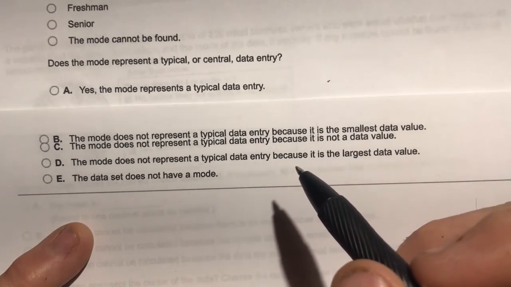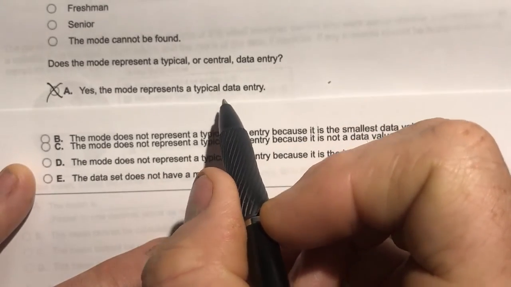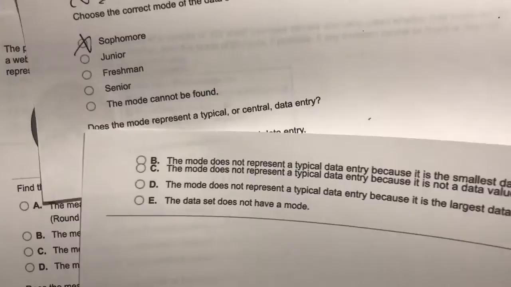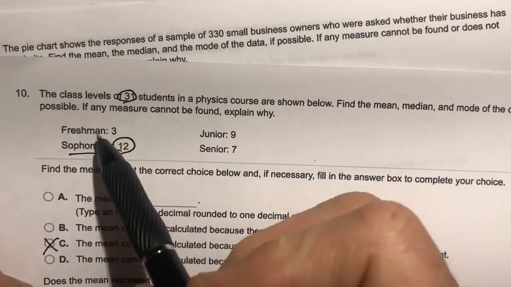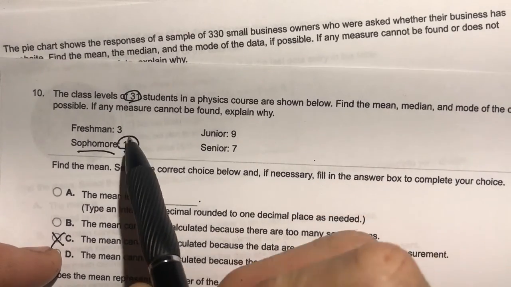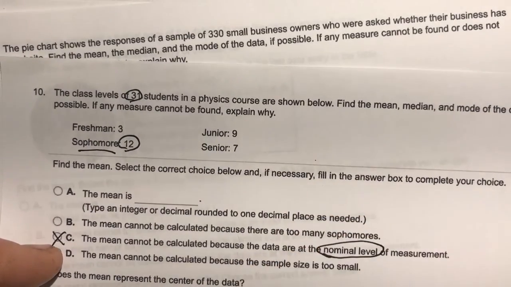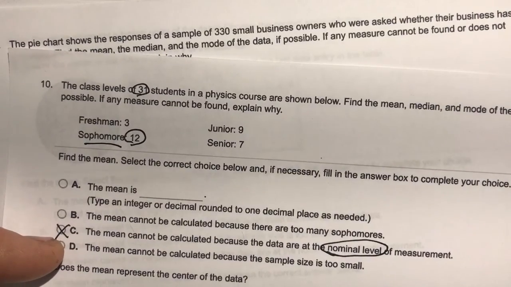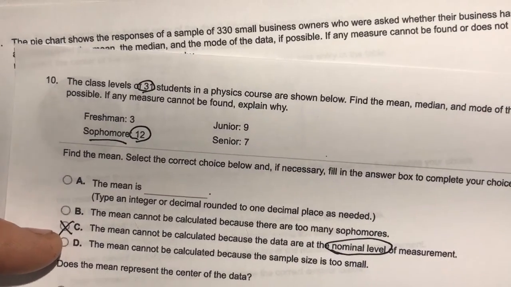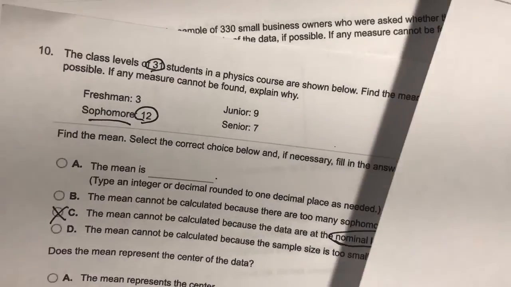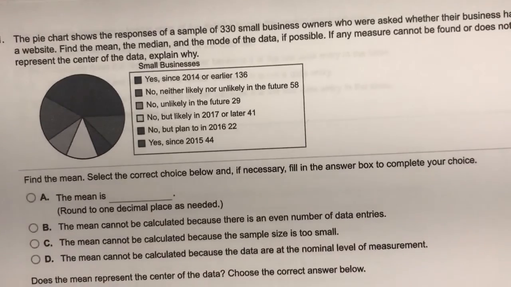On this one, it is yes. It is a typical data entry because you got more sophomores. So that's the most common value, and that's what your mode would be.